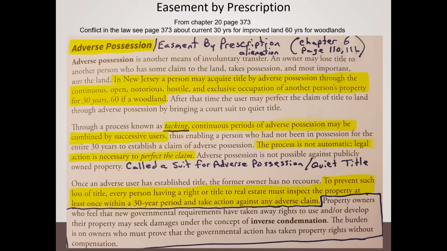They're basically devaluing their property without any compensation, so they could get the government to actually pay them. So that's something the government has to be careful about too, if a property owner knows their rights. Interesting little thing there.